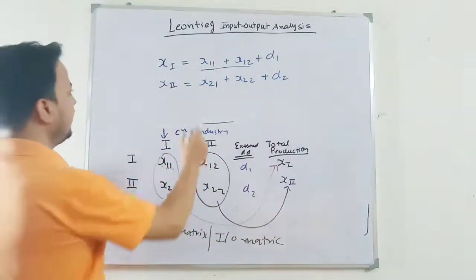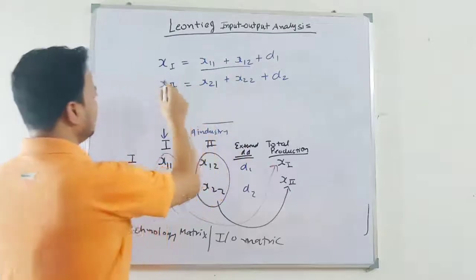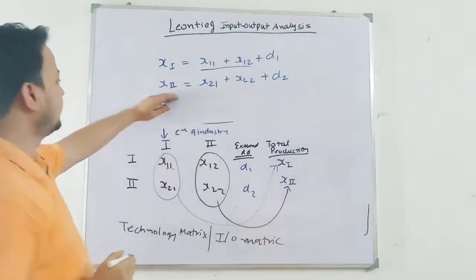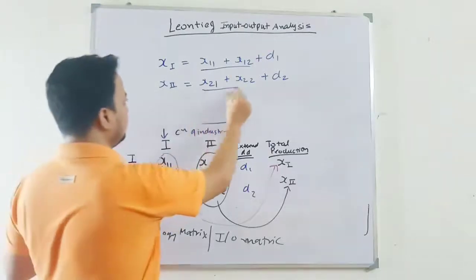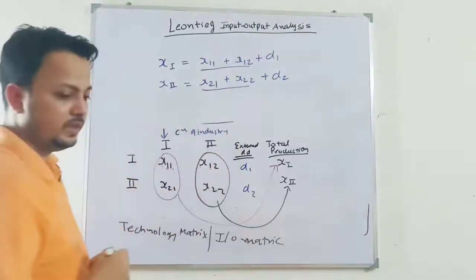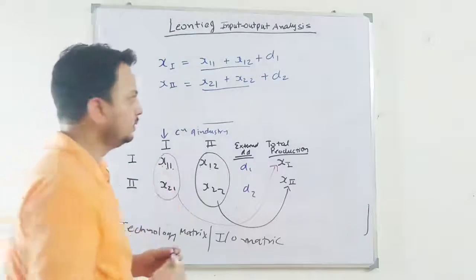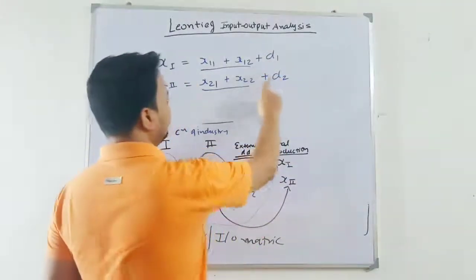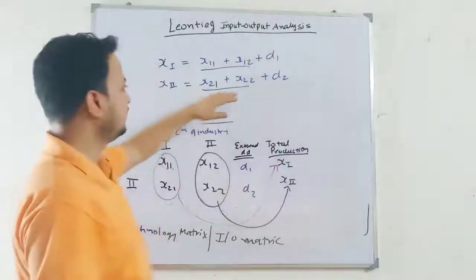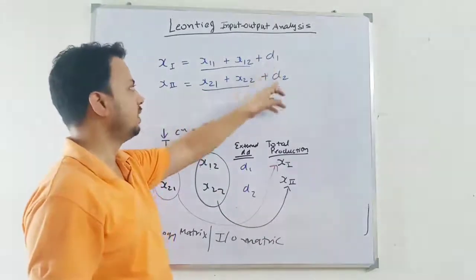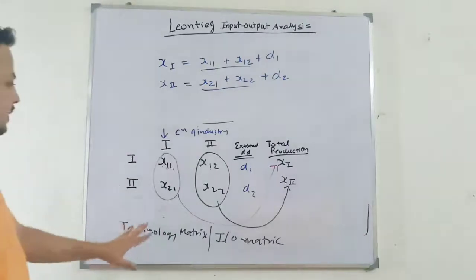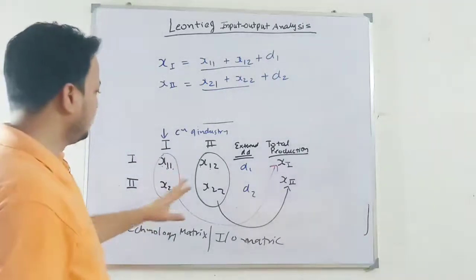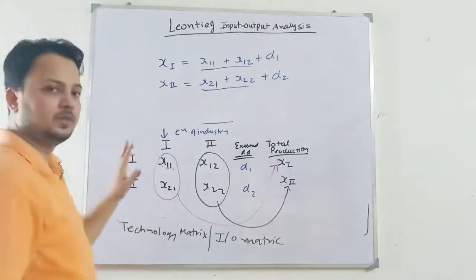So we add up, we get total production of second industry equal to total demand of second industry, and this is your internal consumption demand. In a closed model, this D will be 0. This is the open model, where you have external demand, some positive number. So the interpretation is clear, and we will construct our matrix.